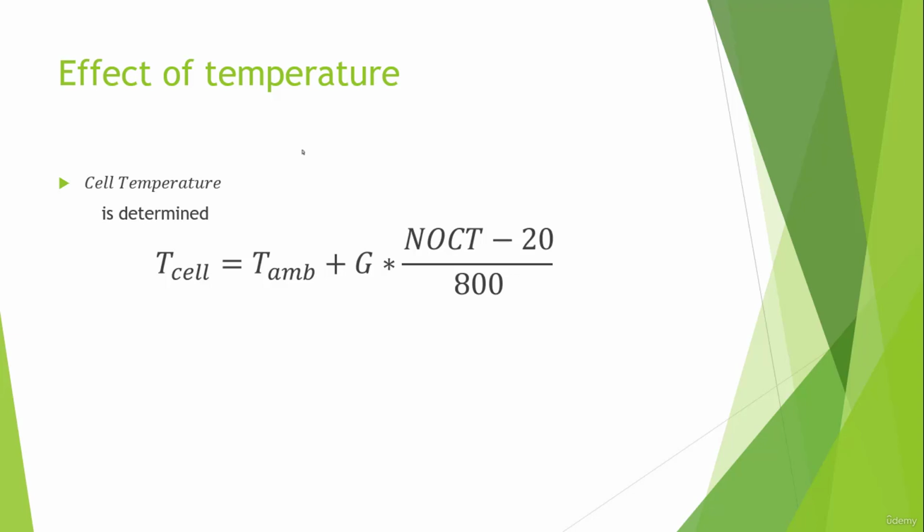Now, let's understand how the temperature is going to affect the open circuit voltage and power of the solar cell.